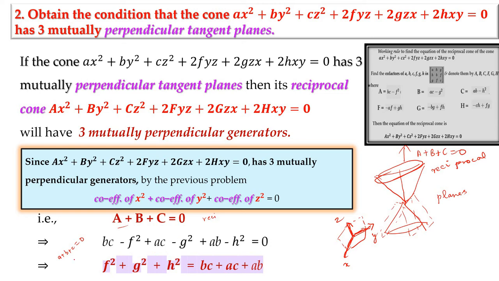But if the reciprocal as well as the given cone have three mutually perpendicular generators, then both this one and this one are true. Based on this only we have the next problem.